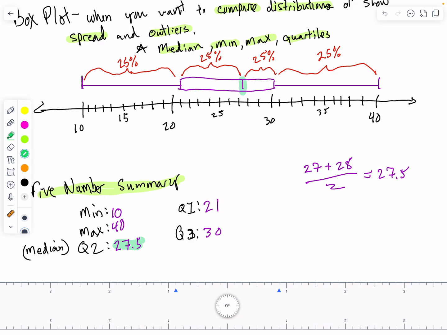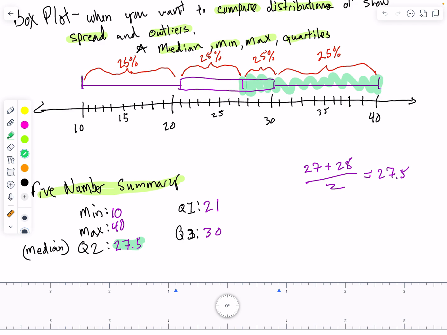So if it took longer than 27.5 minutes to commute to school, we're looking at everything from here all the way to here. And all you have to do is just add up those percentages. So 25% plus 25% would be 50%.